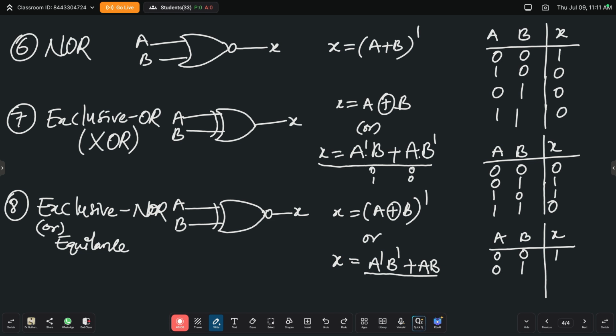Then 0, 1. 0 dash means 1. 1 dash means 0. 1, 0, 0. Plus 0, 1. How much? 0 or 1? 1. 0 plus 0? 0. I think you will get same. 1.